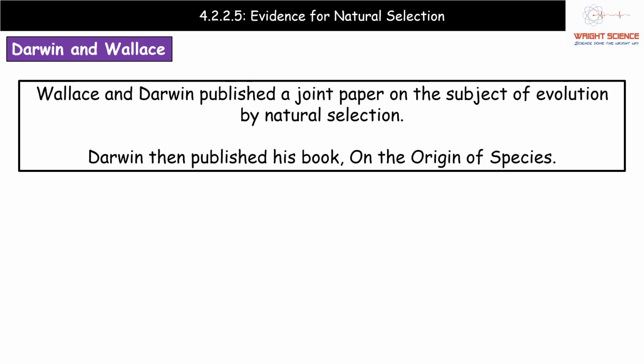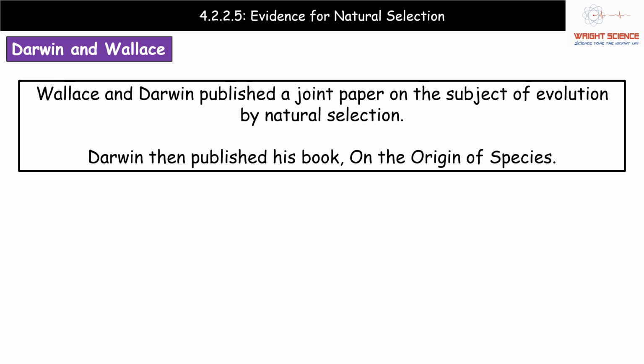So even though they worked completely independently, they both came up with this same overarching idea of evolution by natural selection. And so rather than trying to beat one to the punch on it, they decided that they'd publish their joint paper, which was going to be backed up with evidence from these two completely independent studies at that point. So it added a bit more weight to their whole idea, if you like.